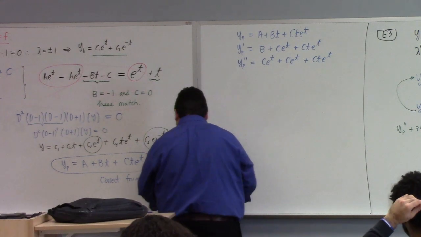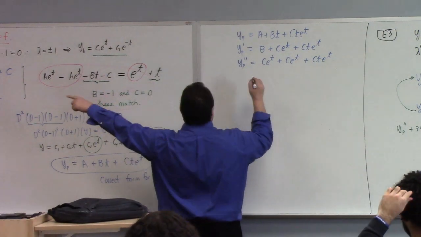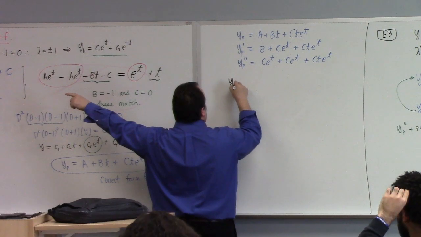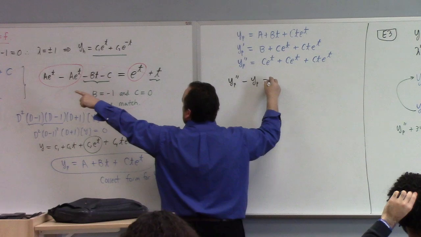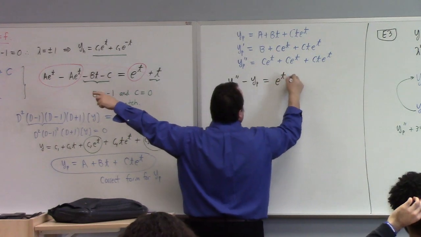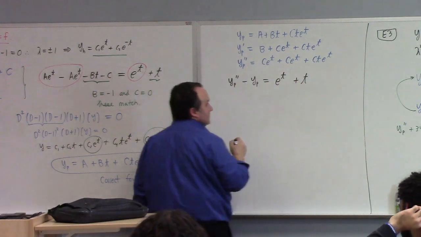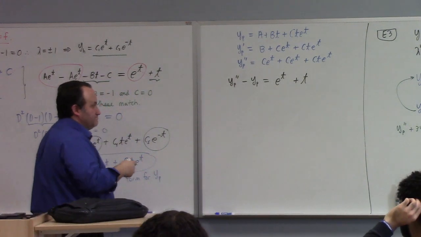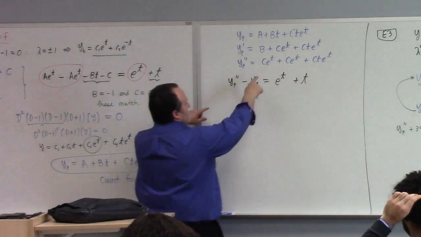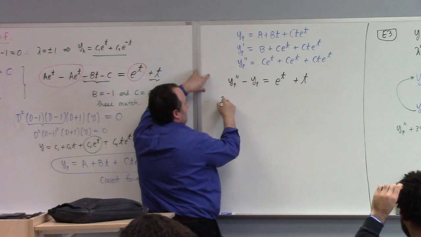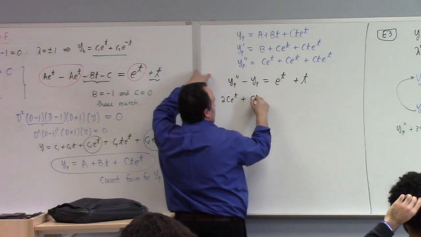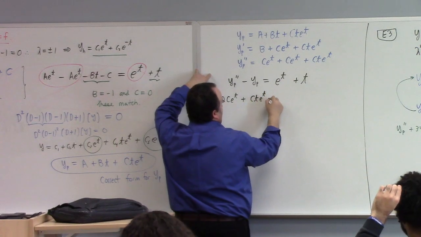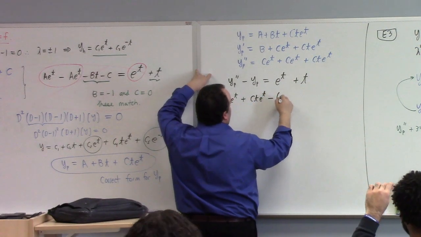All right. Now let's put it all together. We're supposed to look at what? y double prime minus y equals e^t plus t. Put that in. I've got 2C e^t plus Ct e^t minus yp, which I'm going to put some parentheses around.